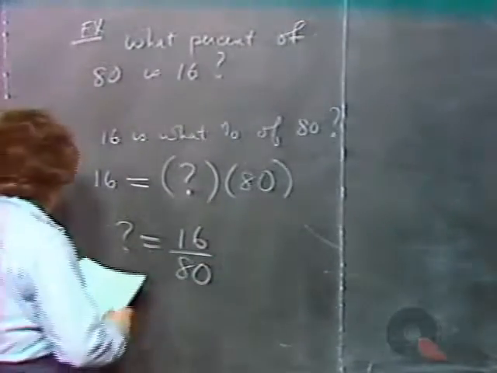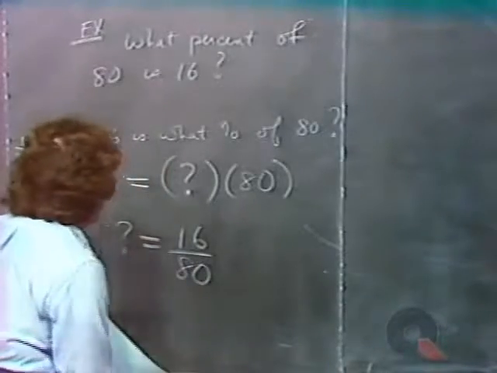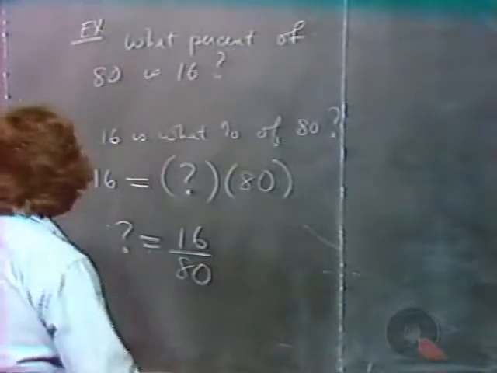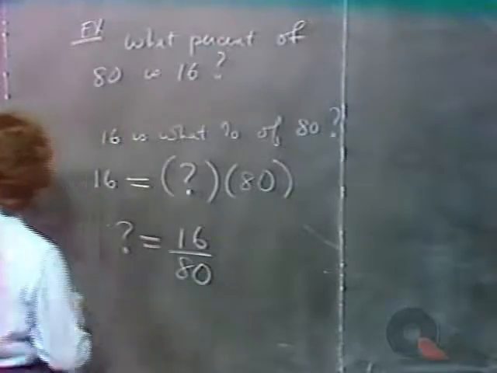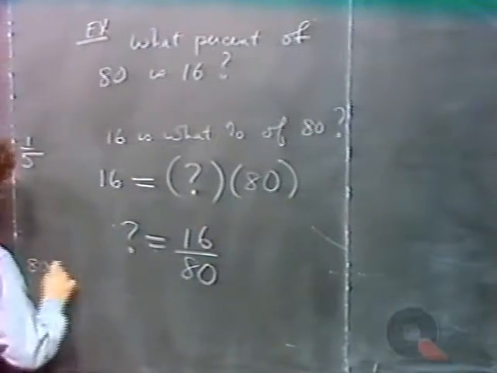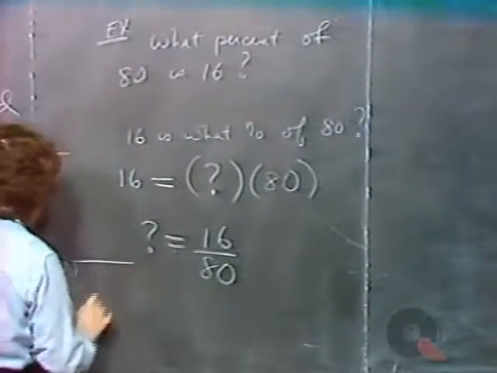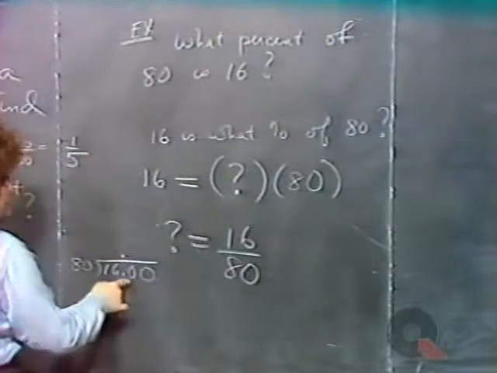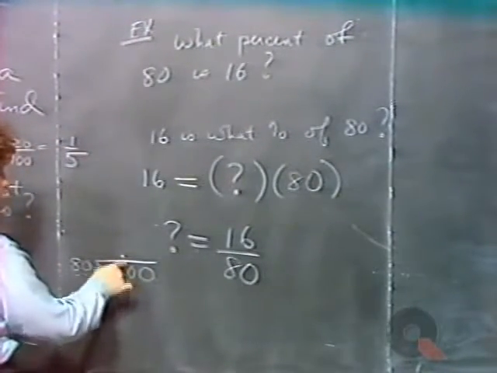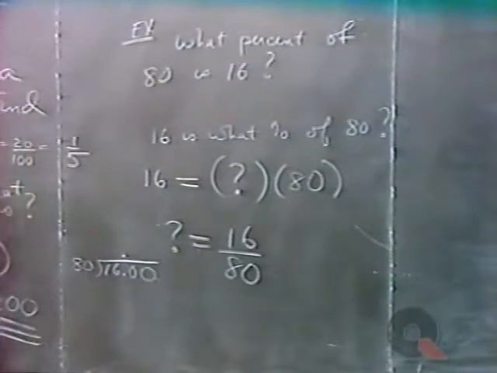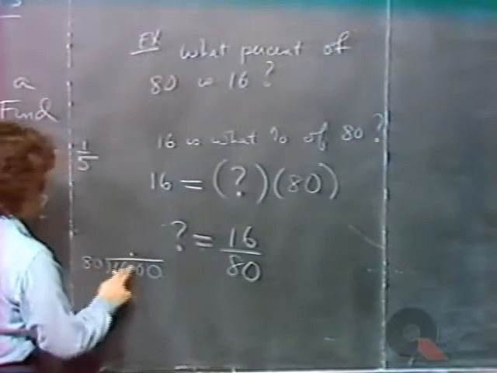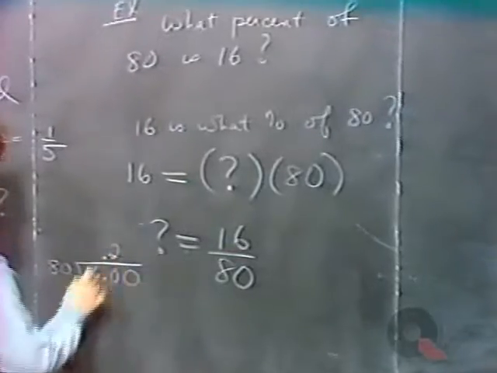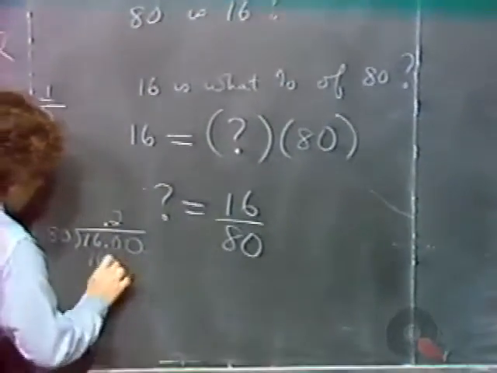Okay, to divide 16 by 80, you can actually do it by long division if you want. You could reduce this to lowest terms and do it that way, or do it by long division. Putting the decimal point after the 16 and then in the answer in the same place. How many 80s in 160? It goes 2 times. 2 times 80 is 160.